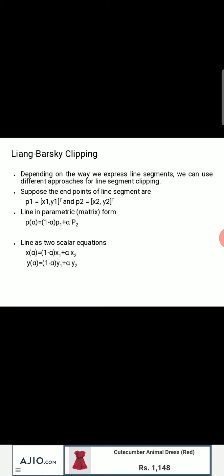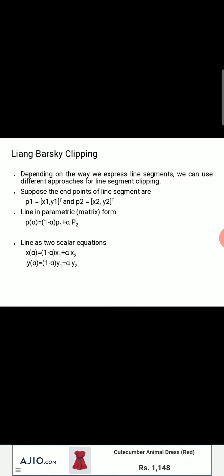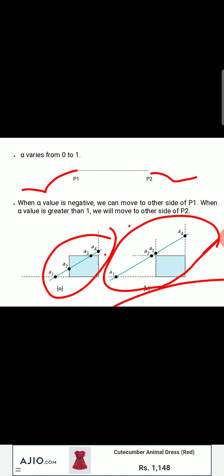We get two scalar equations: x(alpha) is equal to (1 minus alpha) x1 plus alpha x2. Similarly, y(alpha) is equal to (1 minus alpha) y1 plus alpha y2, where alpha varies from 0 to 1.